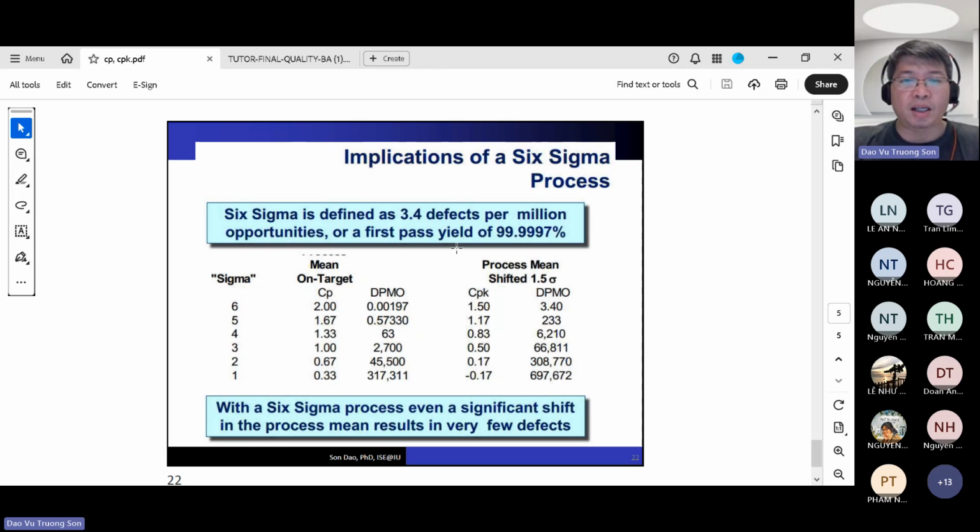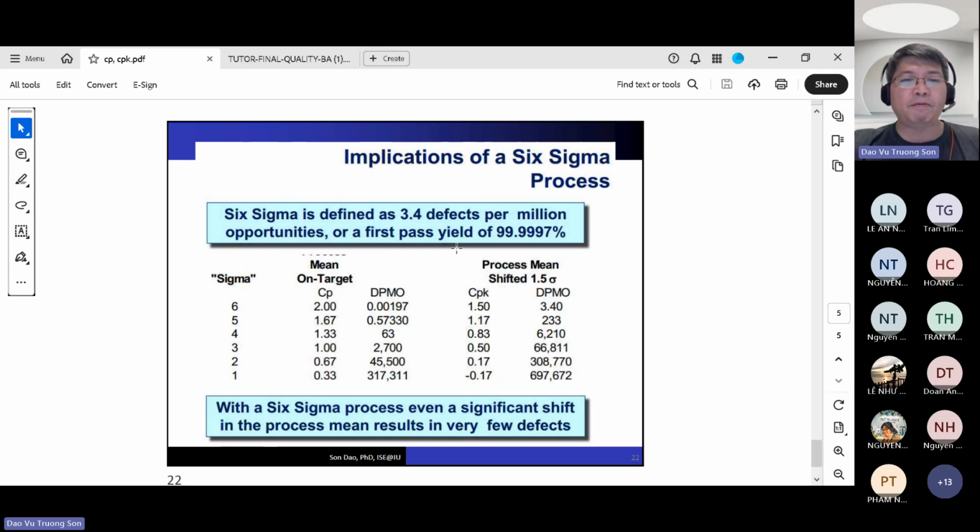This means it's slightly not capable. However, when CP is 1 and the process is shifted by 1.5 sigma, then CPK becomes very low, only 0.5. This means we have 66,000 rejections out of 1 million, about 7%.